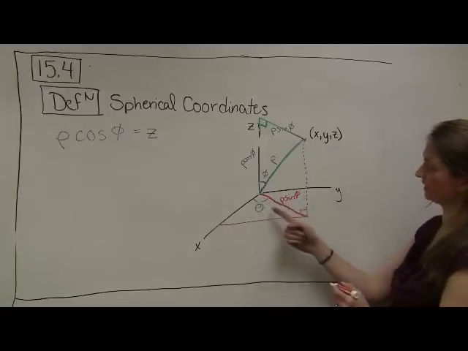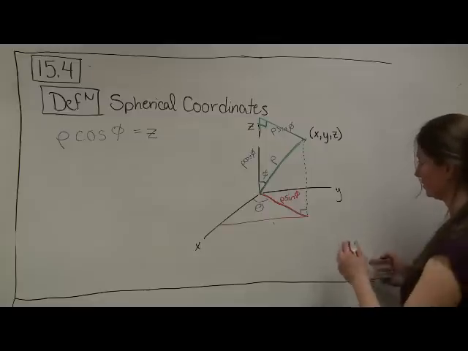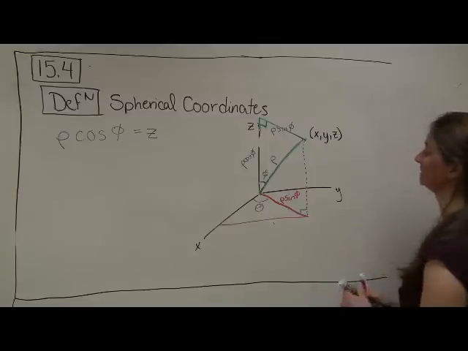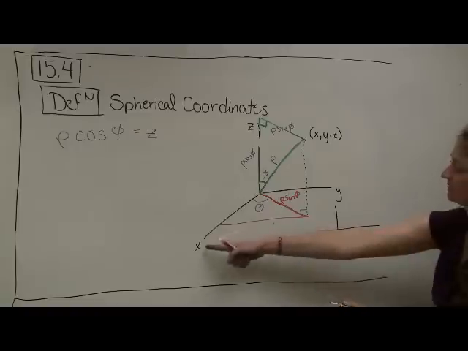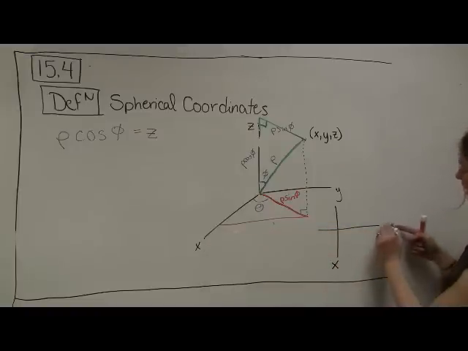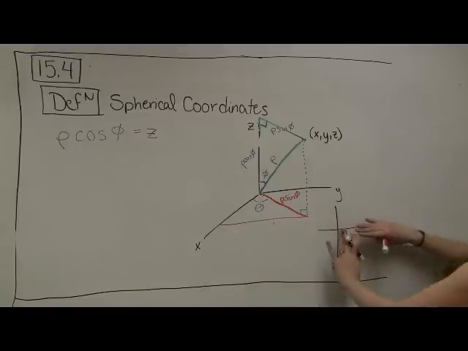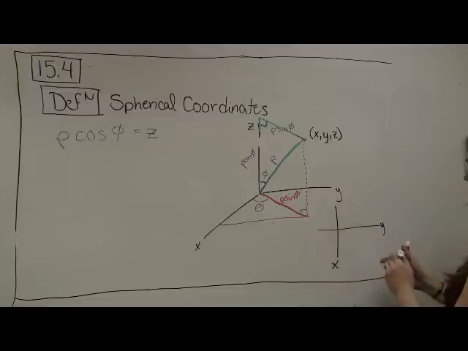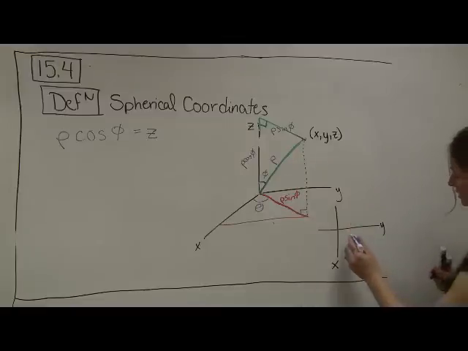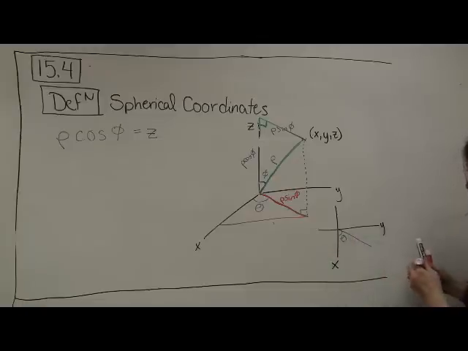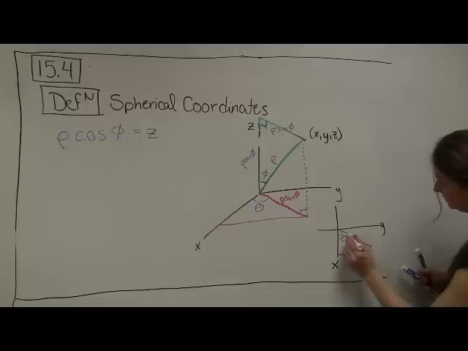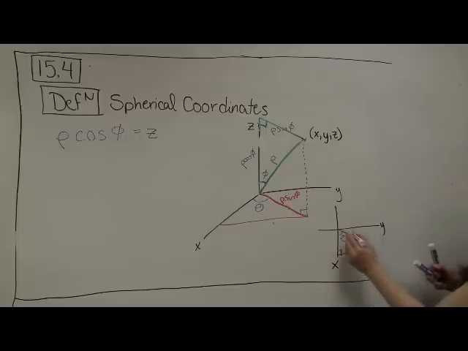I have this angle theta. If I were to do a bird's eye view, this is my bird's eye view. I'll try to keep this consistent. So this is my x coordinate, and this is my y coordinate. Rather than thinking of my xy plane this way, I've tilted it this way. So in this picture, I have theta as my angle here. And I'm going to make a right triangle where the length of the hypotenuse is rho sine phi.